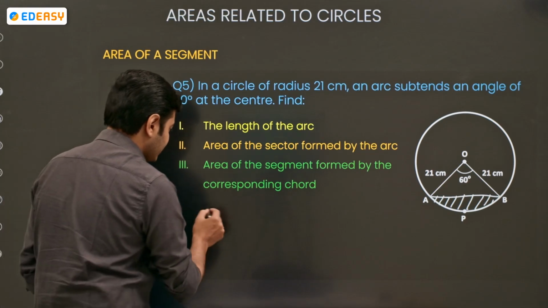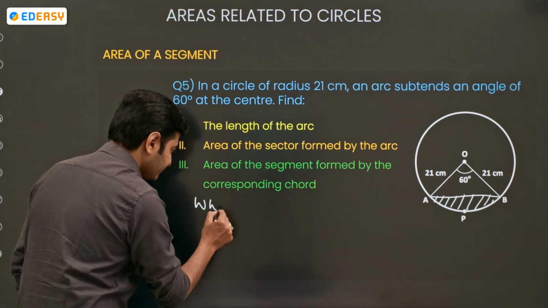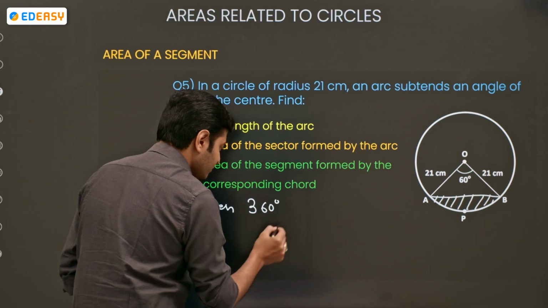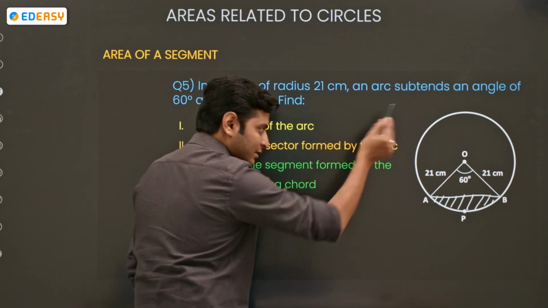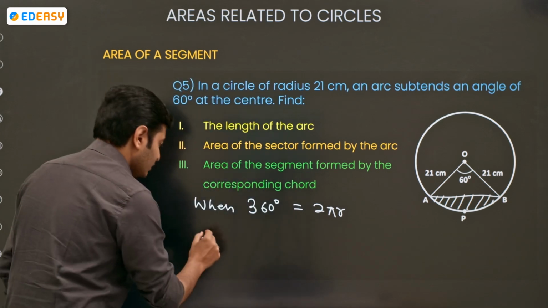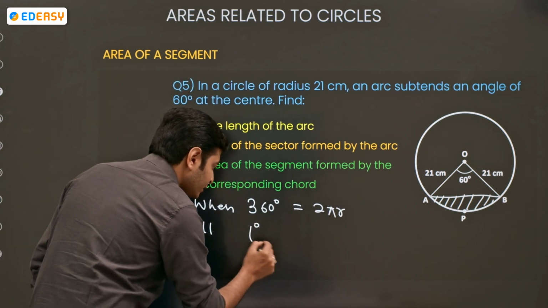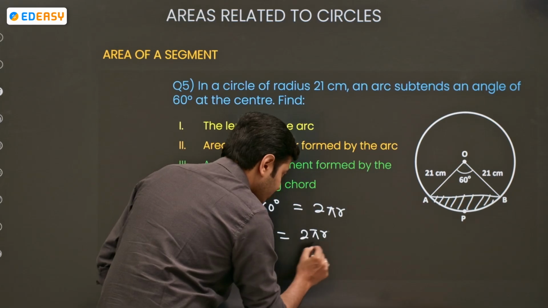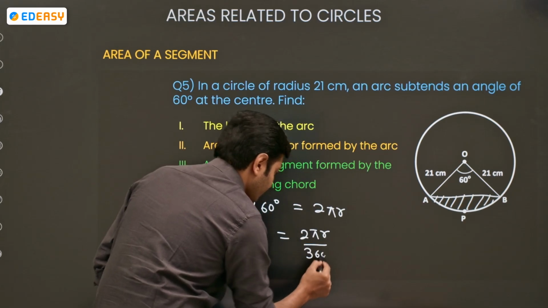So, the whole circumference, when the angle is 360 degrees, is 2 pi r. When the angle is 1 degree, the circumference becomes 2 pi r by 360.